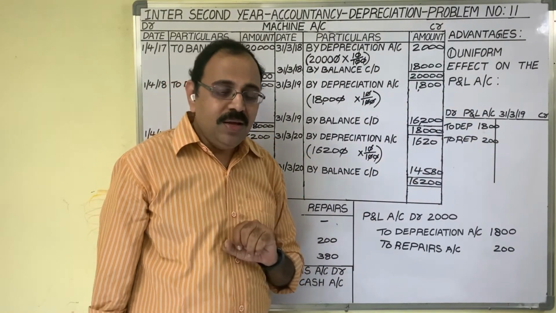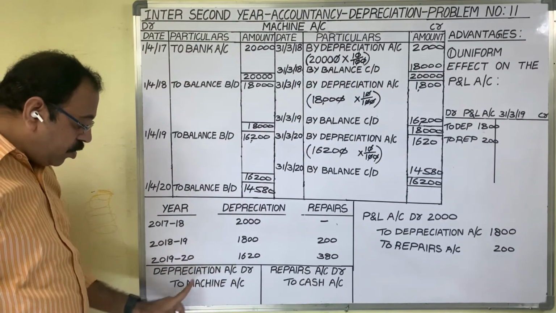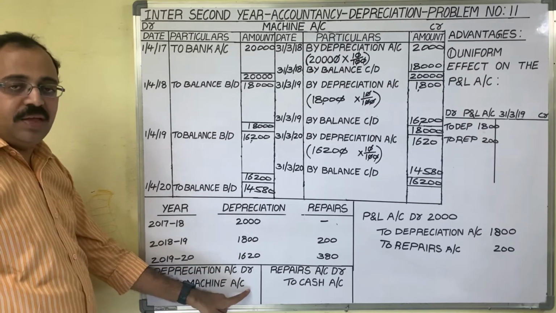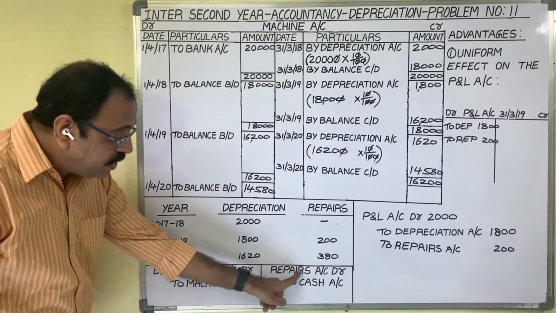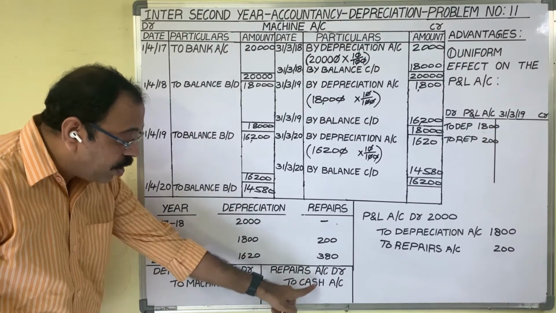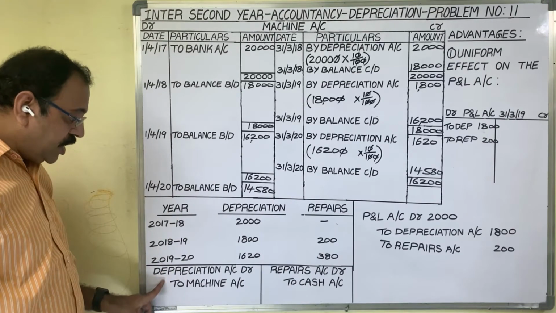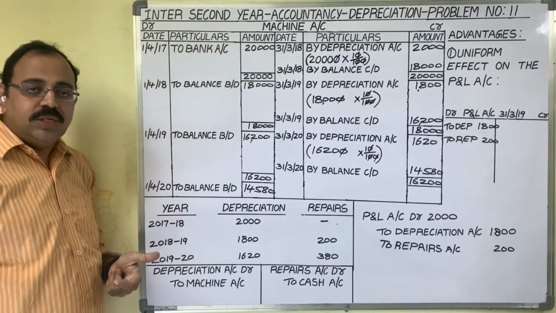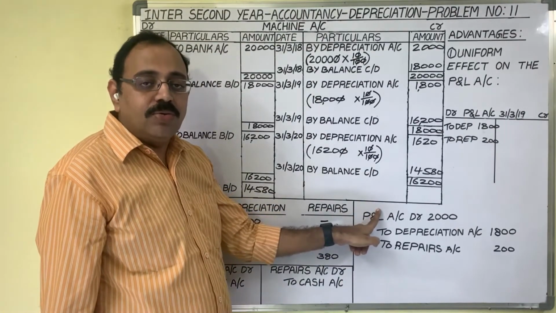Come to third year. Third year depreciation entry is depreciation account debit to machine account 1620. Third year repair expenditure entry is repairs account debit to cash account 380. Now this depreciation and repair account both are to be closed by transferring their balances to profit and loss account.